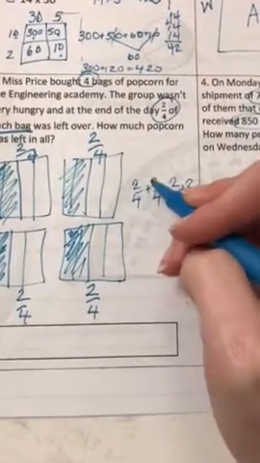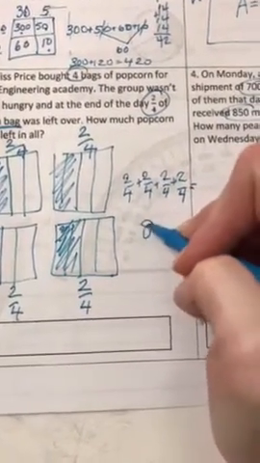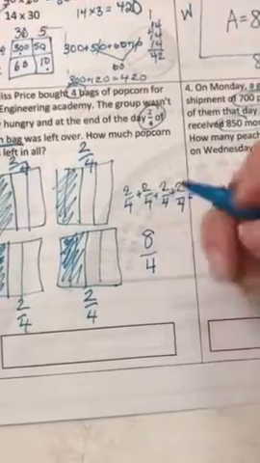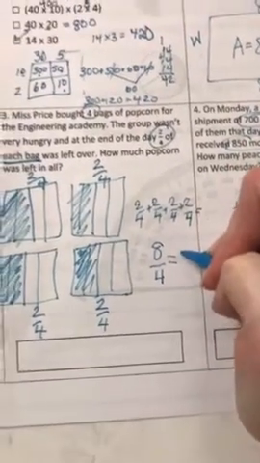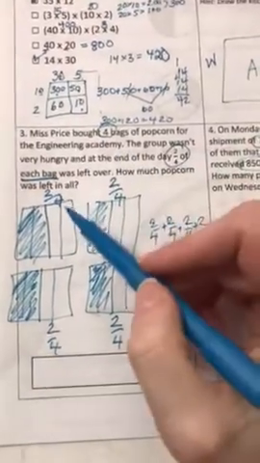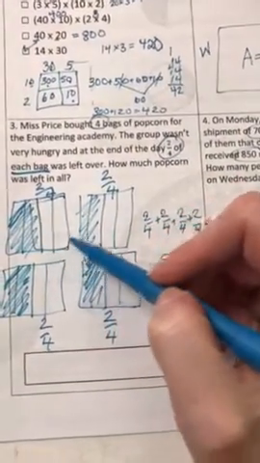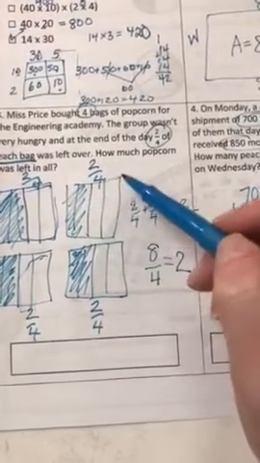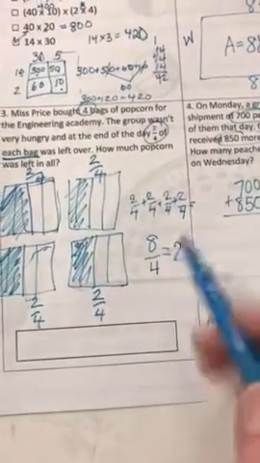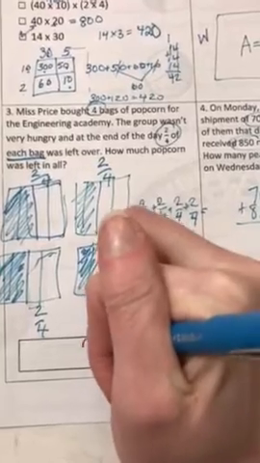I can add it this way, 2, 4, 6, 8. I can also do it this way to show you. So we have 8/4. Okay, how many times does 4 go into 8? 2. And again, in my visual, look, these 2 put together is a whole. These 2 put together is another whole bag. So really there's 2 whole bags left over. That's going to go in the box.